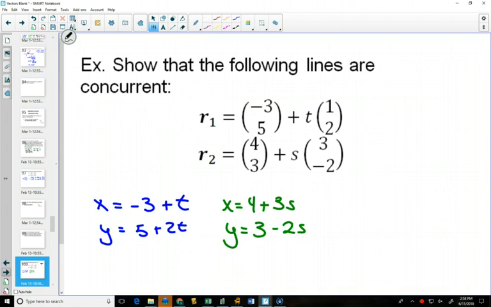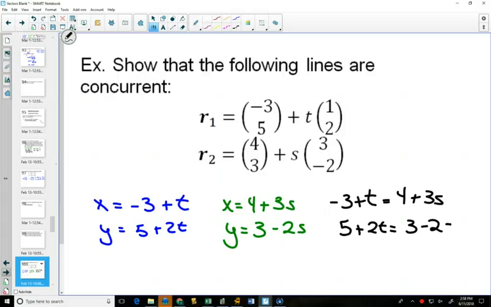Setting those equal to each other, I get -3 plus t is equal to 4 plus 3s, and 5 plus 2t is equal to 3 minus 2s. And we get a system of equations.